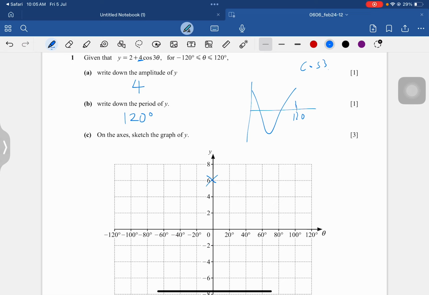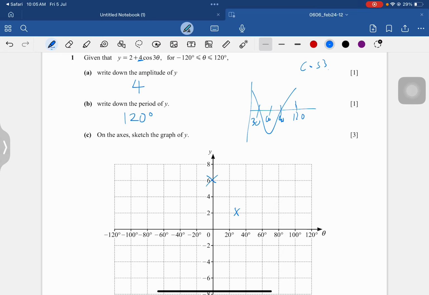We split into 4 parts. 120 divided by 4 is 30, 60, 90. So we sub in 30. 30 times 3, 90. Cos 90 is 0. 0 times 4 is 0. And plus 2. So at 30 degrees, it will be at 2 here.